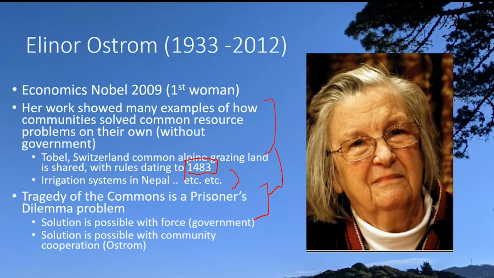take place. But here comes in the real debate that we can have, should have, and that should propel our discussions between right and left in this particular country and elsewhere. We can solve the tragedy of the commons problem with force, with government, with taxes, with regulations, or we can solve the problem with community cooperation.